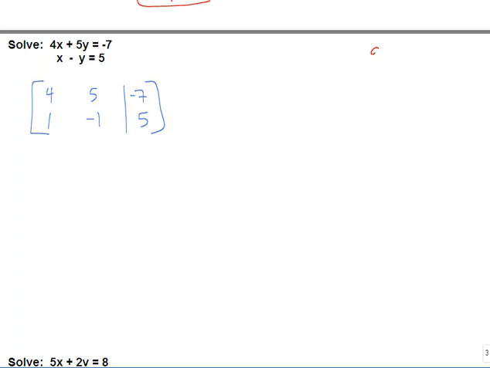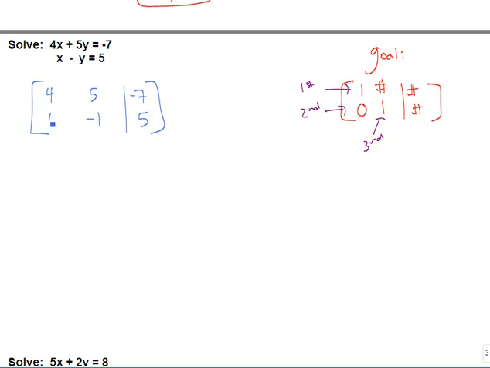Now remember our goal. Our goal here is to get reduced row echelon form, so we want 1s along the diagonal, a 0 below, and numbers above and to the right. And we're going to try to get this 1 first, then the 0 second, and then this 1 last. So if we look at our matrix, we don't have a 1 in this upper left corner.